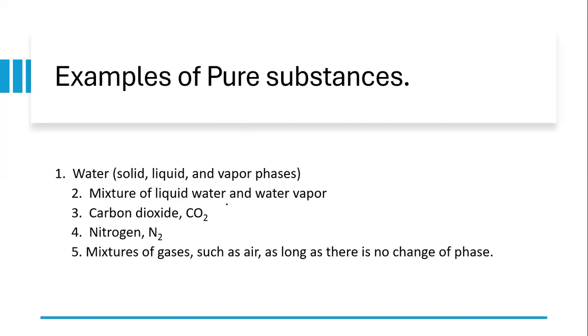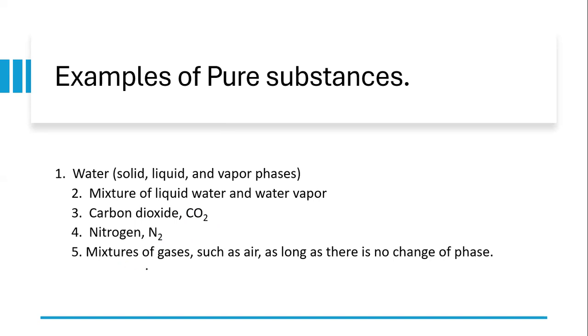And then a mixture of liquid water and water vapor. Understand this: the mixture of liquid water and water vapor is also a pure substance. Then we have carbon dioxide, denoted by CO2. It's also an example of a pure substance. We're looking at nitrogen gas, which is N2.